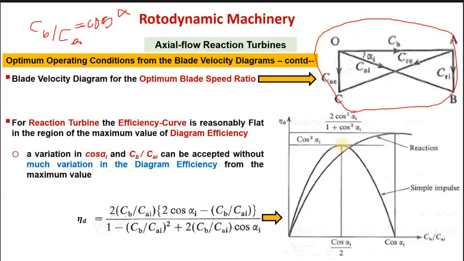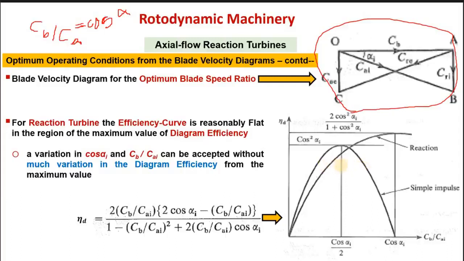Here the curve is not flattened, here it is more like a sharp edge. So with a small change in CB over CAI, suddenly the efficiency will drop if you go in this direction or in this direction.